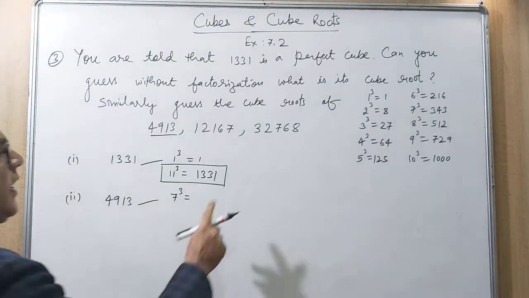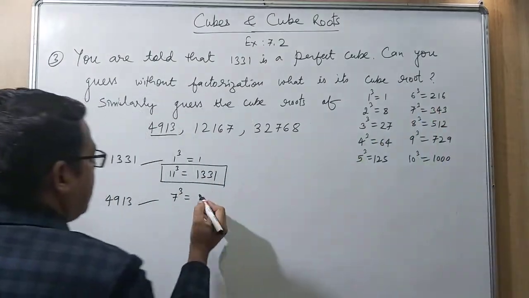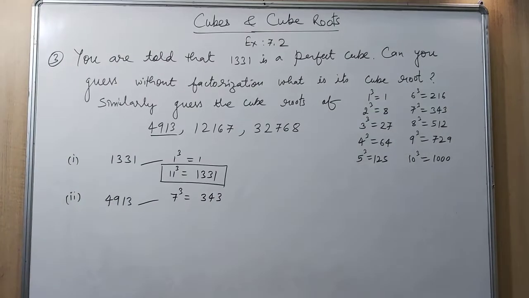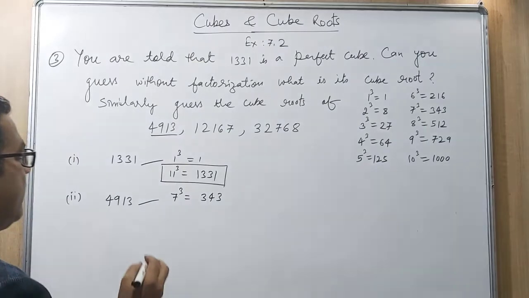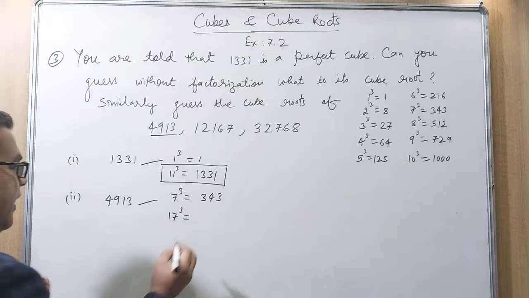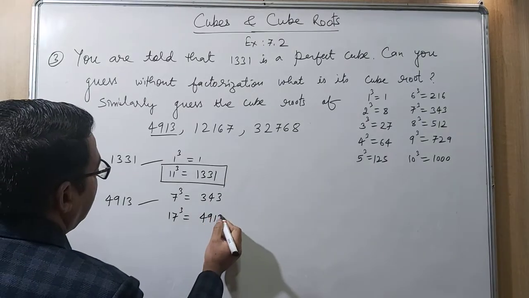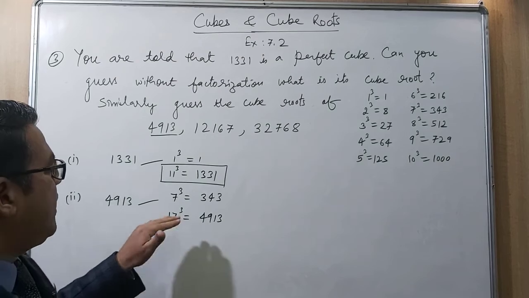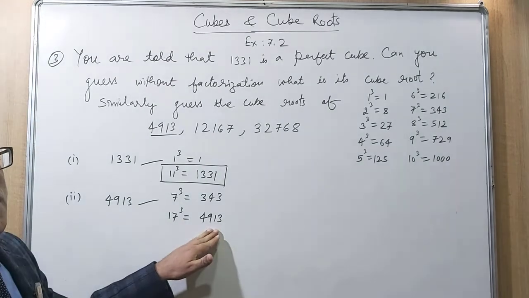But we know that the cube of 7 is 343. Right? Then the next number which ends with 7, that is 17. So what is the cube of 17? It is 4913. You can check it. The cube of 17 you will find is 4913.